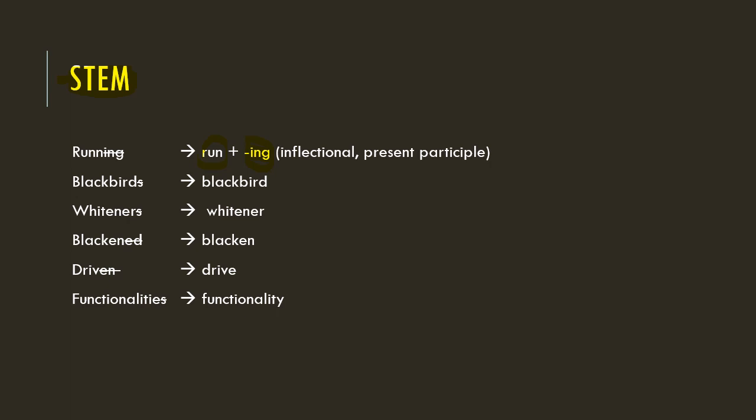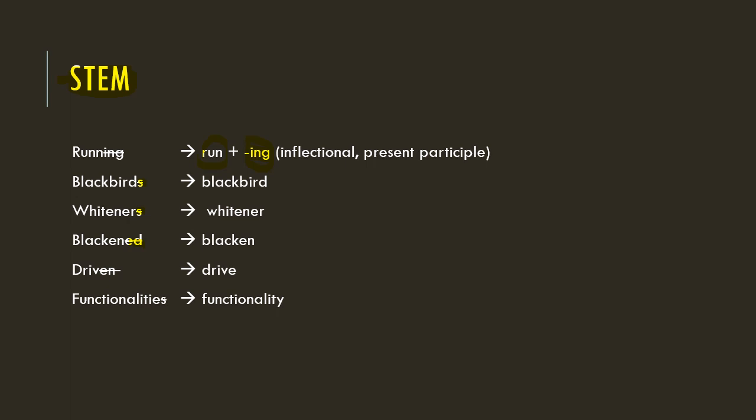In the second example, blackbirds. You can eliminate the s, the plural sign, so it remains blackbird as the stem. Then the word whiteners. You can simply remove the plural form and it becomes whitener as the stem. The word blackened. Okay, you have ed as the suffix, and we know that ed is a kind of inflectional affix. It is the sign of past form.